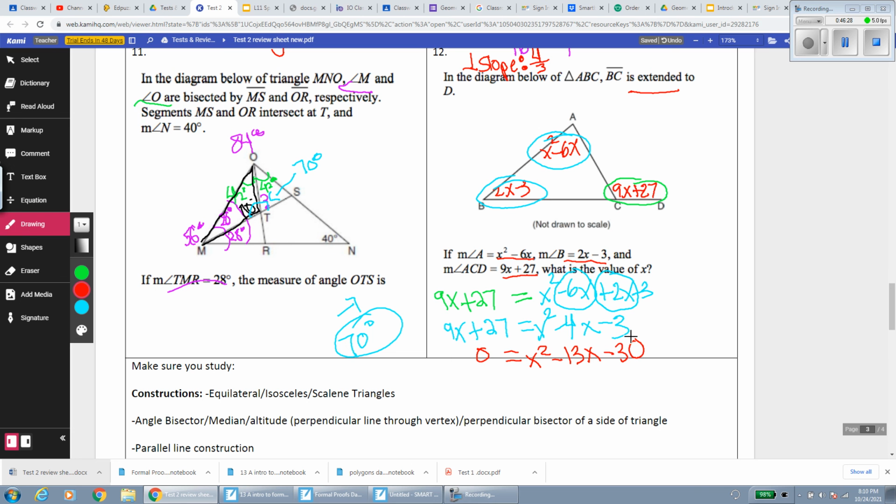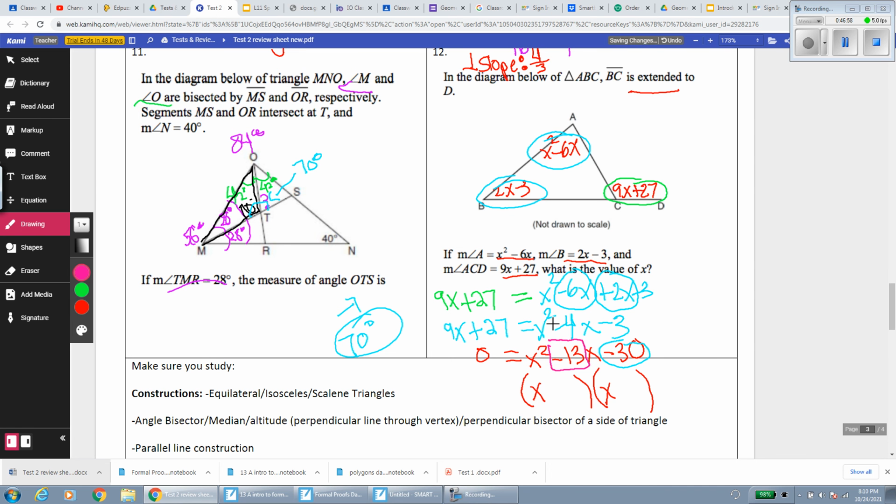So in order to factor this quadratic, I'm going to look for 2 factors of negative 30. So that means 2 numbers that multiply to give me negative 30, but they also have to add up to give us negative 13, the middle term.